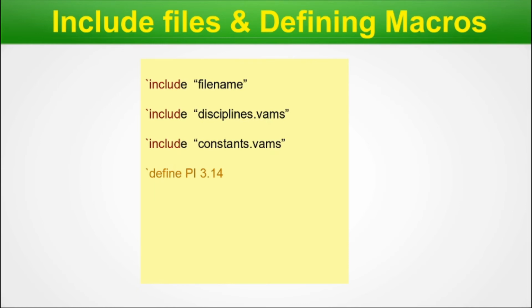Next we define a macro, define pi as 3.14. Whenever pi is used in the circuit description, it will be replaced by 3.14. This is very C-like, so we can easily relate.